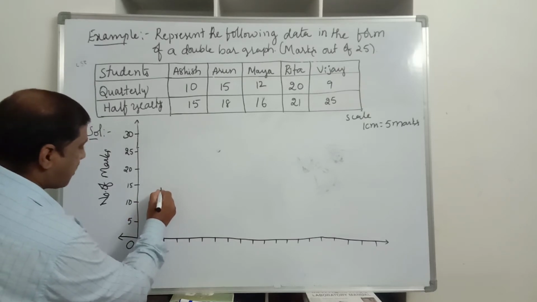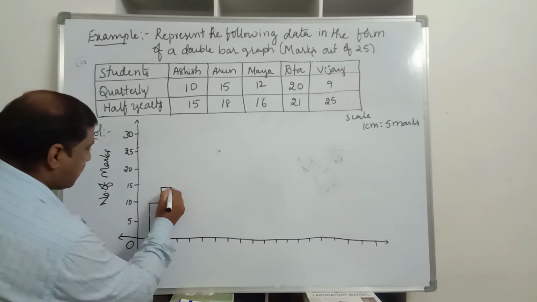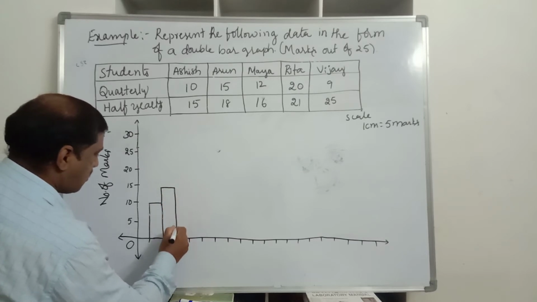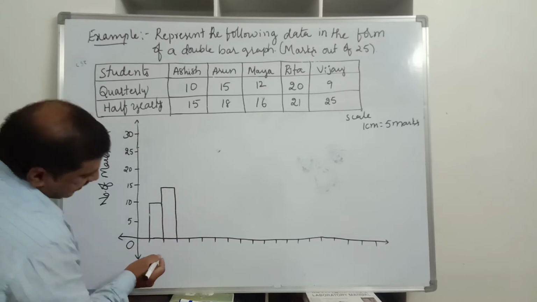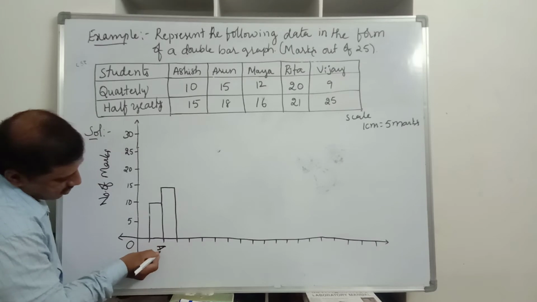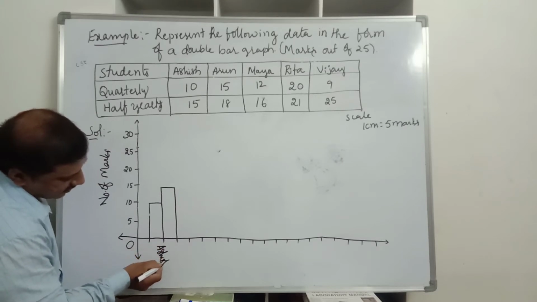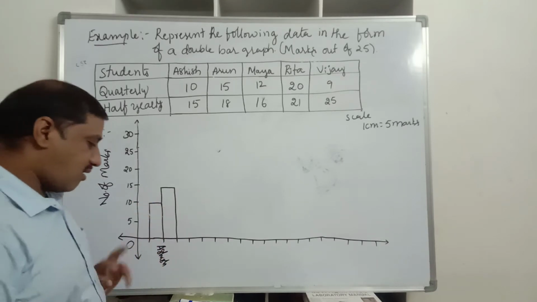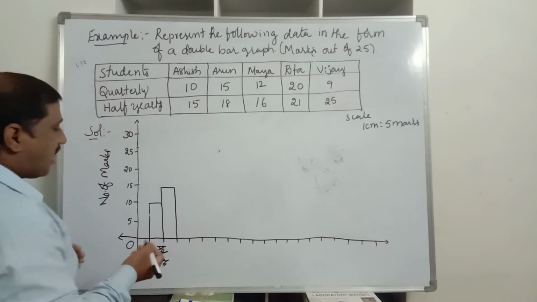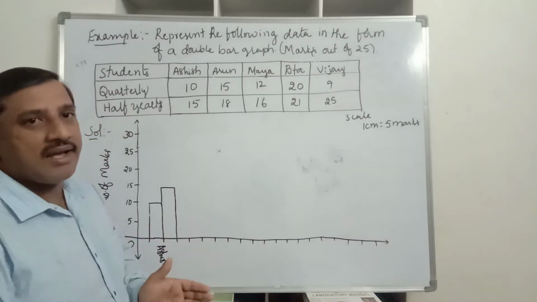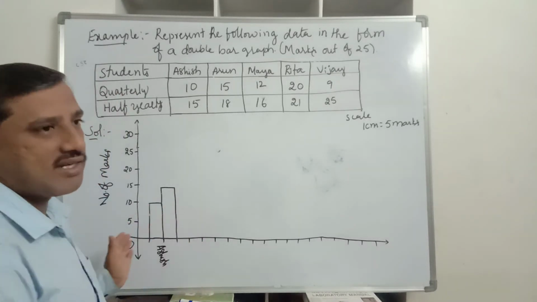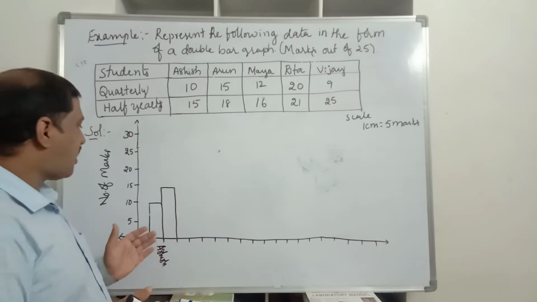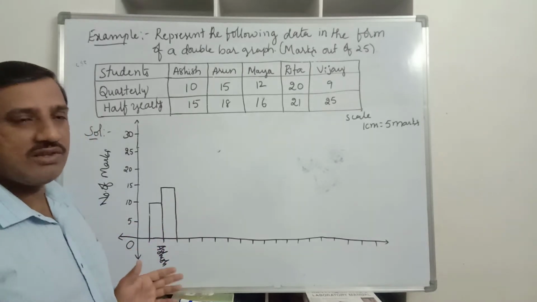We are representing them side by side like this. This is the data of Asis, who scored in the quarterly and half yearly examinations. You can differentiate all quarterly marks with one color and all half yearly marks with another color.